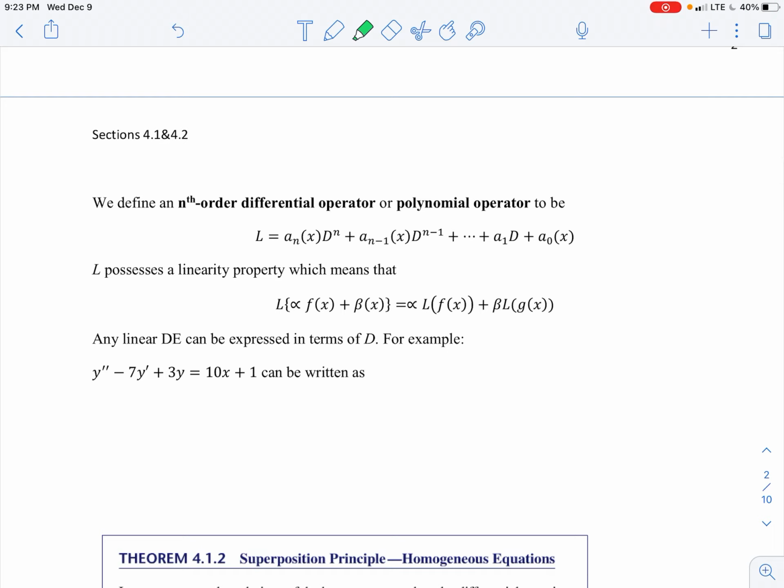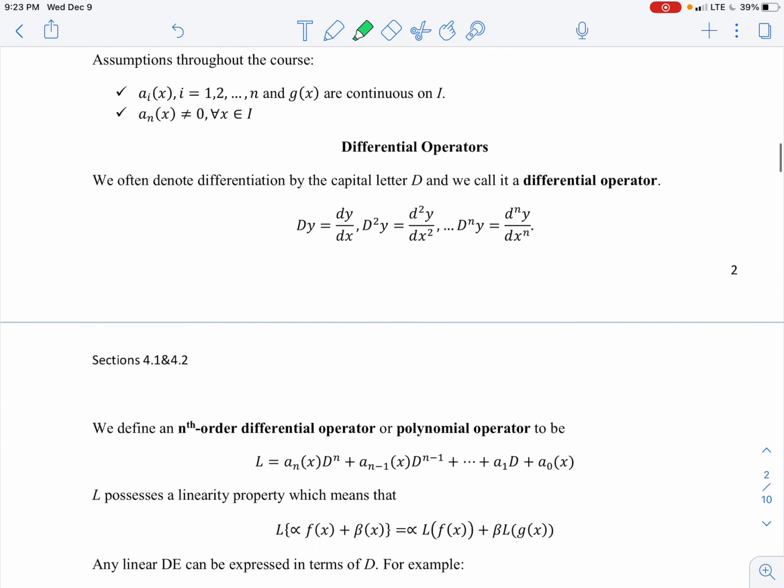So we're going to do a little bit of the third page as well. We define an nth order differential operator or polynomial operator to be L is equal to, and then our differential, where L possesses the linearity property, which means that our differential equation is linear.